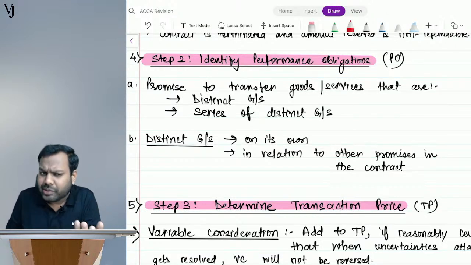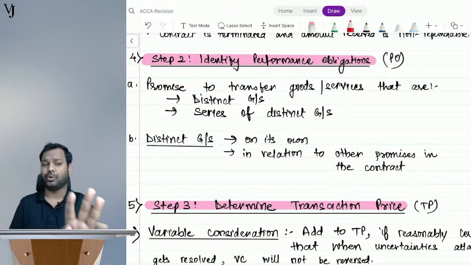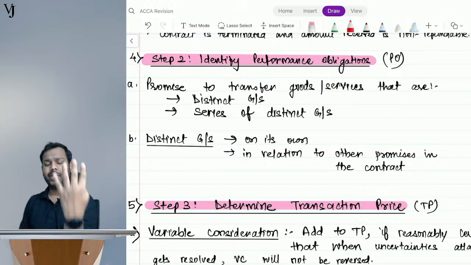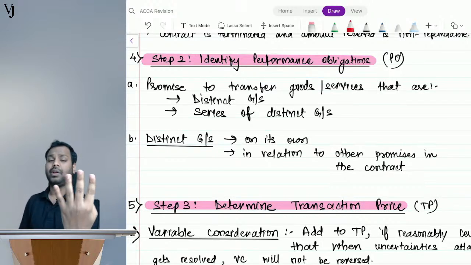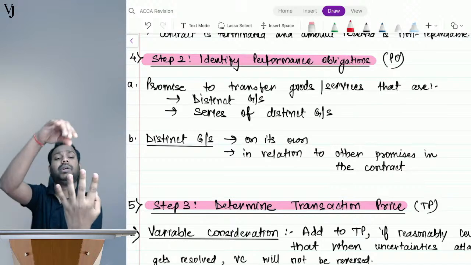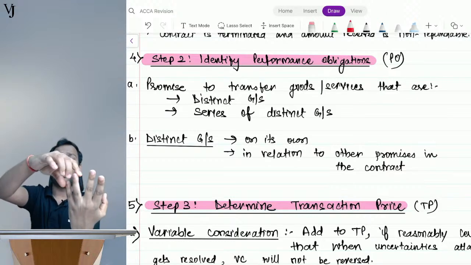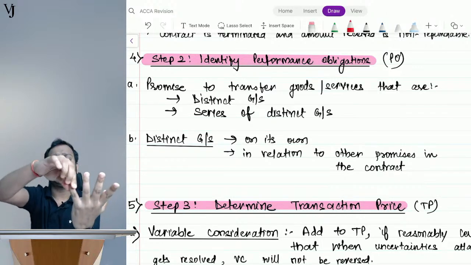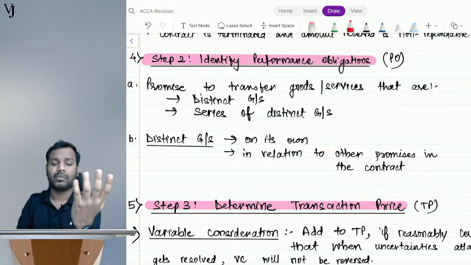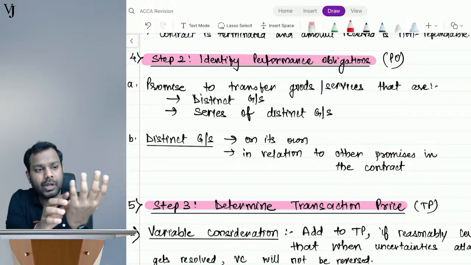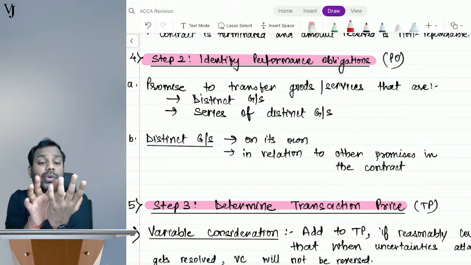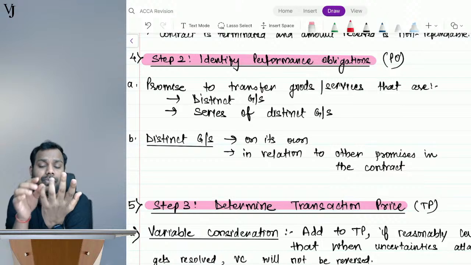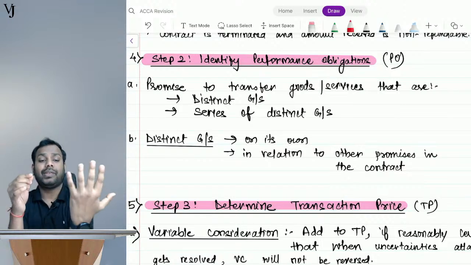But what if it is not distinct? Let me tell you. There are 4 promises. Let's suppose this is distinct, this is also distinct, but these 2 are not distinct. This is dependent on this one, this is linked to this one. So what will I do?